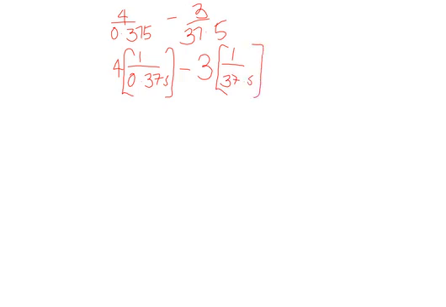So this means that we take 4, we multiply by the reciprocal of 0.375 minus 3 multiplied by the reciprocal of 37.5.